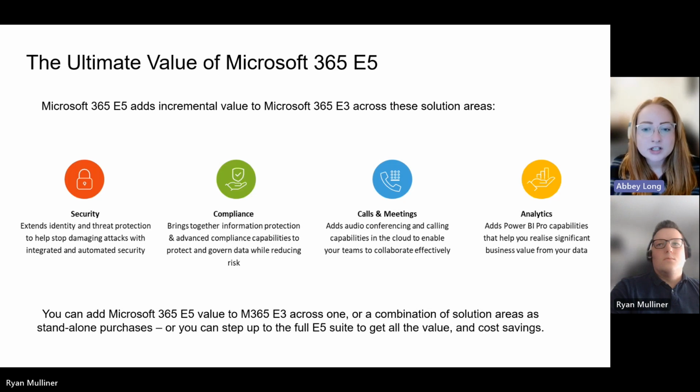Entra ID Plan 2 includes privileged identity management and risk-based conditional access, which is not included within the M365 E3. And Defender for Endpoint Plan 2 gives you vulnerability management to ensure that you always have the most up-to-date features and patches on your endpoint, as well as threat analytics for these devices.